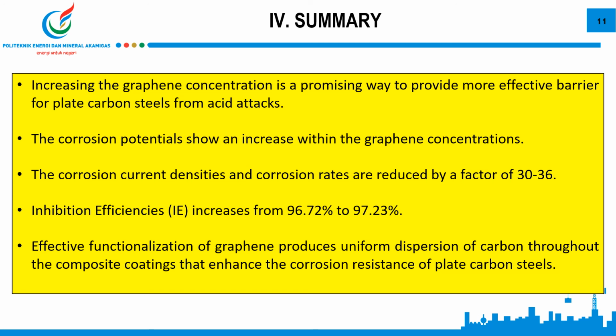From the same measurements, it is seen that effective functionalization of graphene produces uniform dispersion of carbon throughout the composite coatings. This enhances the corrosion resistance of plate carbon steels.